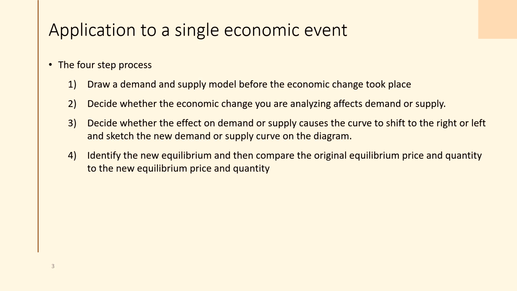Third, we decide whether the curve shifts to the right or to the left, and then we redraw the diagram. Finally, we identify the new equilibrium and compare it with the original equilibrium in terms of price and quantity. If you follow these four steps carefully, you can analyze almost any market situation.